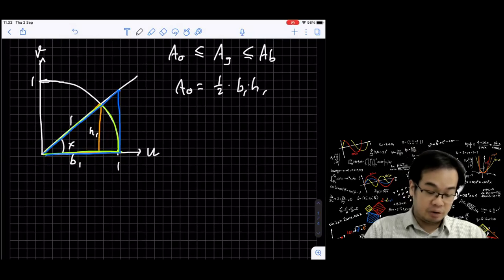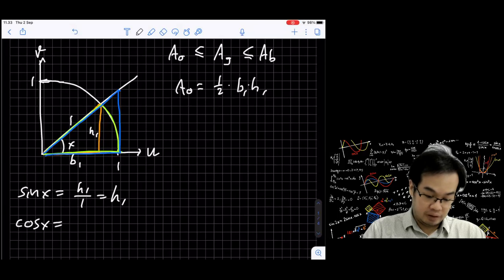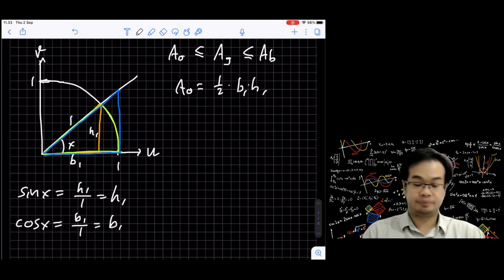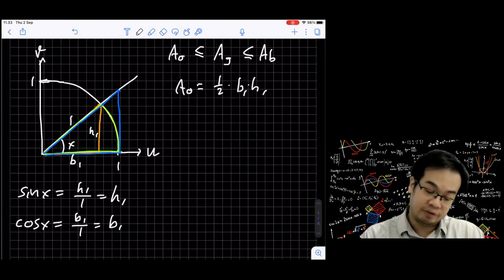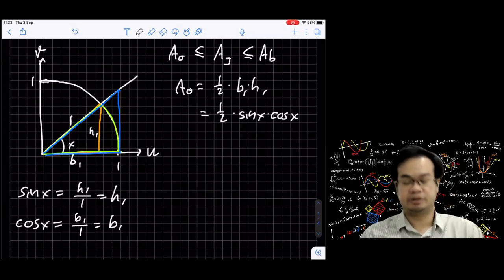Because we know the hypotenuse, the trigonometric functions we use are sine x, which equals h1 over 1, which is h1, and cosine x, which equals b1 over 1, which is b1. So the area of the orange one is equal to half times sine x times cosine x.